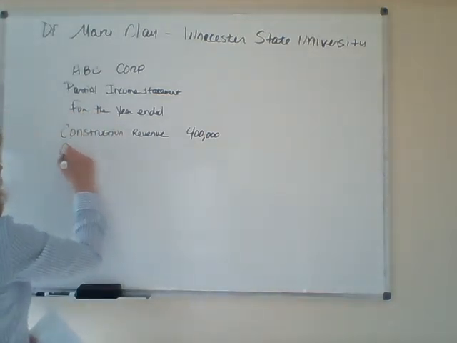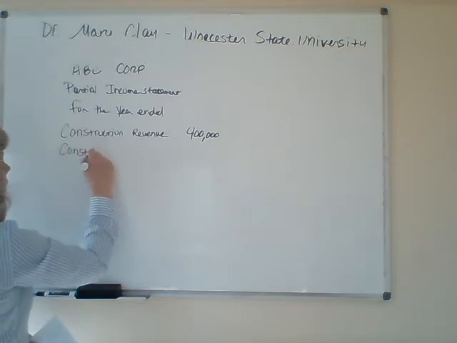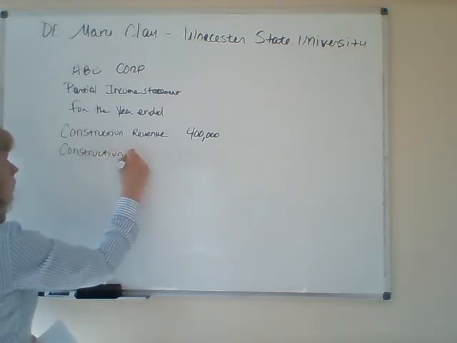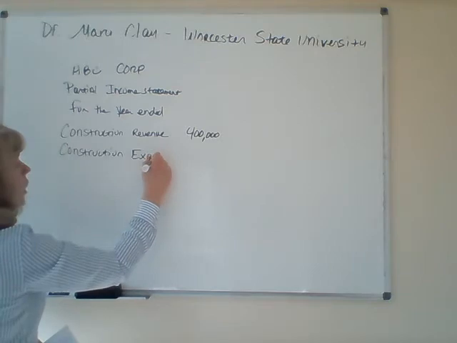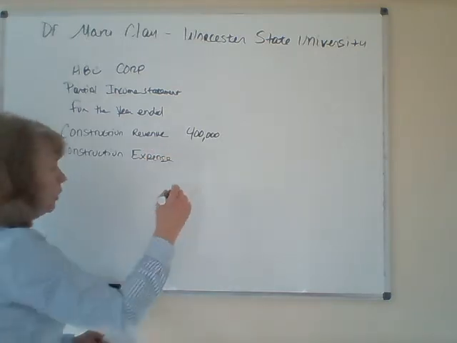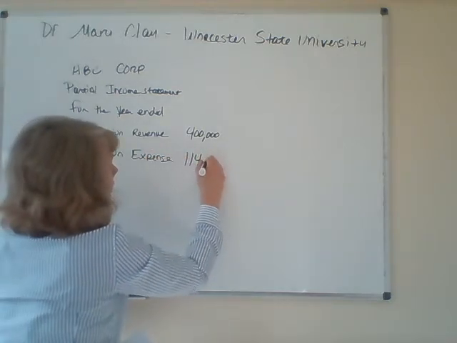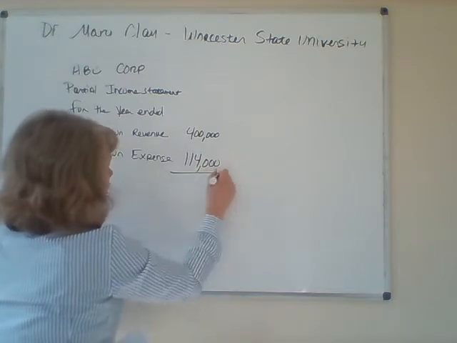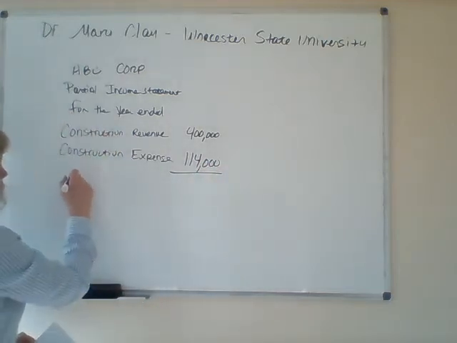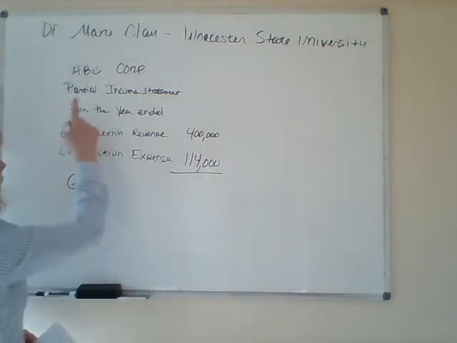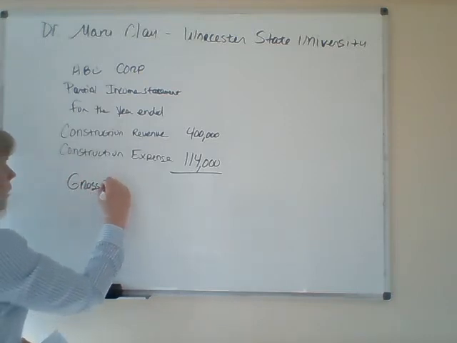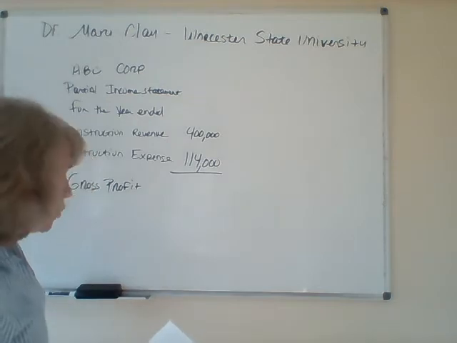Next, you're going to do construction expense, again, from your chart that you already figured, 114. Okay, you subtract it, and that gives you your gross profit. So that's the partial income statement. Okay, I wrote too big.